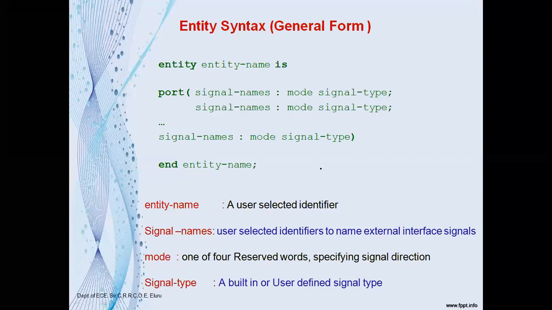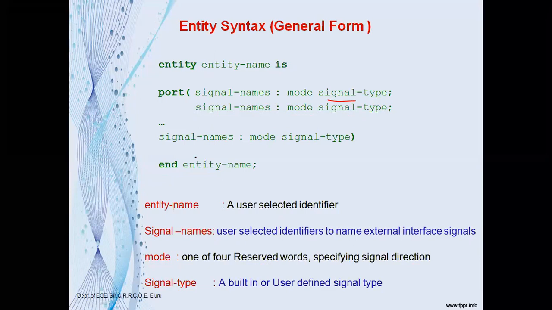So how do we write the entity for a VHDL model? The entity name is followed by port, and we specify the list of signals, and each signal is distinguished by a mode and the signal type.